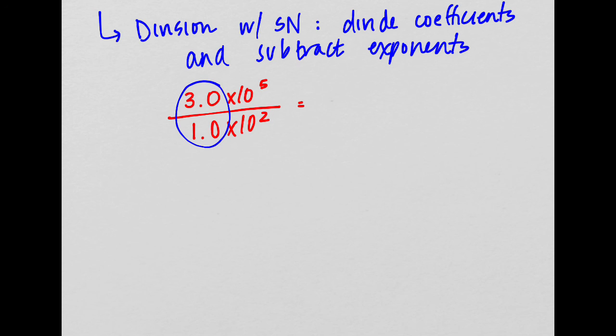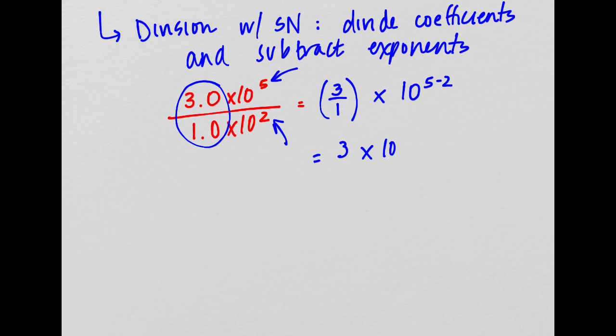These are the coefficients. So we have 3 divided by 1 times 10 to the exponents. And we're going to subtract the exponents, the denominator from the numerator. So we'll have 5 minus 2. That is 3 times 10 to the 5 minus 2, which is 3.